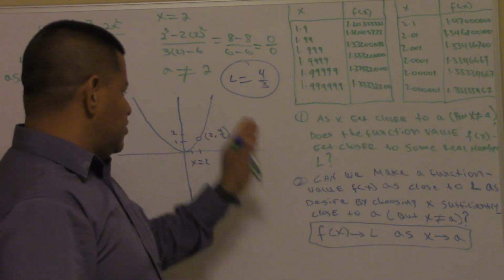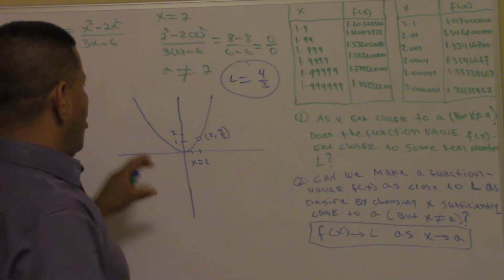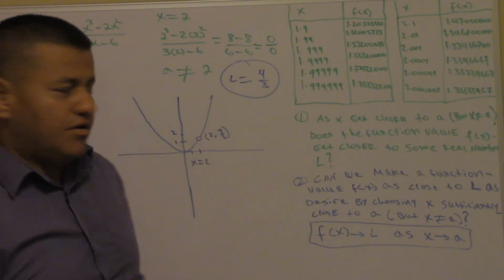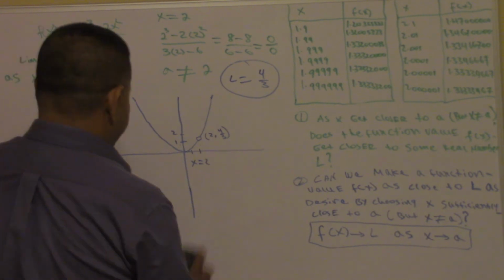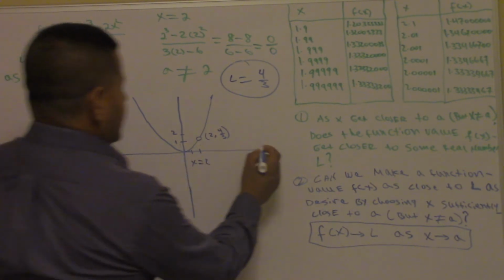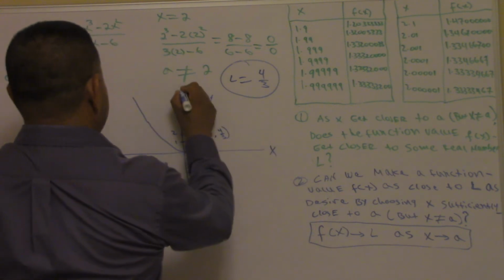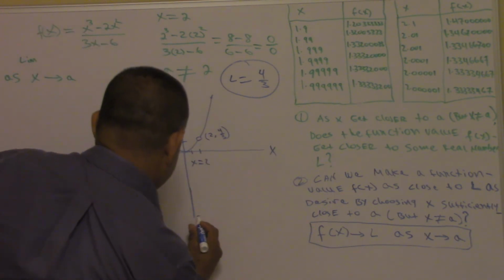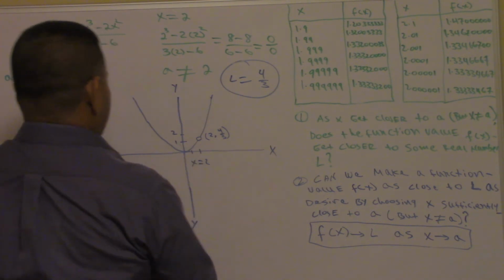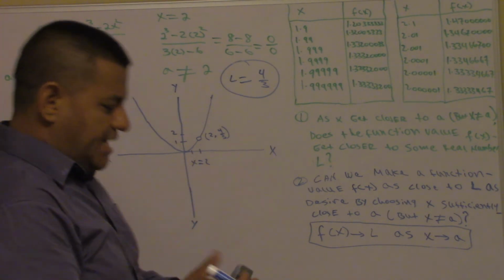If we can answer these 2 questions, the mathematics becomes easy. So that's it. See, this is x, and this is y. That's it for this example.